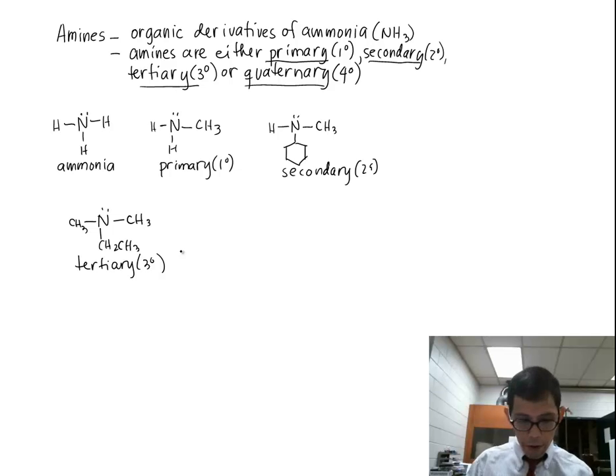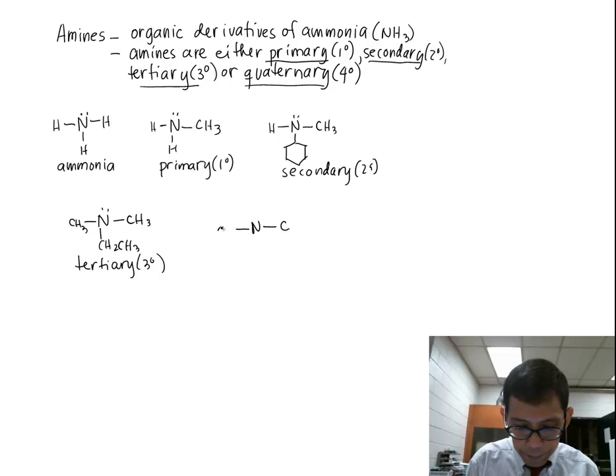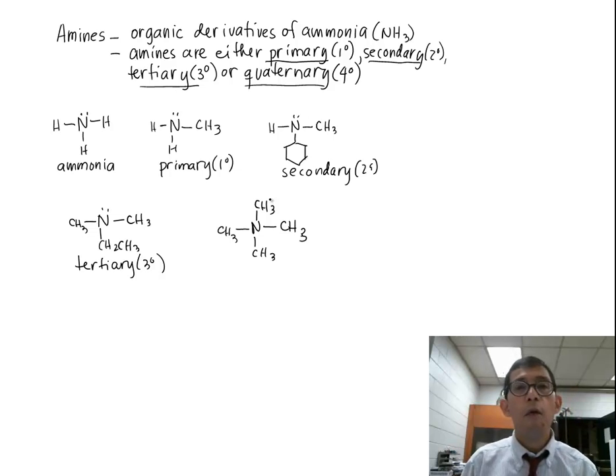And a quaternary amine is one where you have 4 chains or rings of carbons and hydrogens around the nitrogen. So there is no more lone pair because you have a 4th chain of carbons and hydrogens.